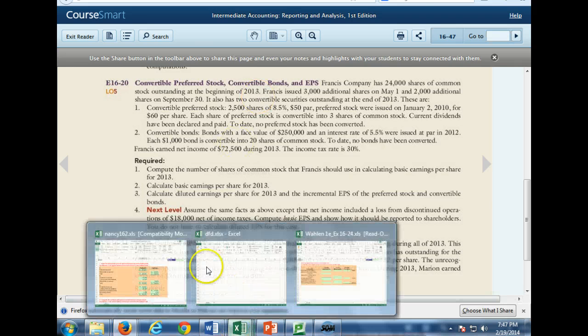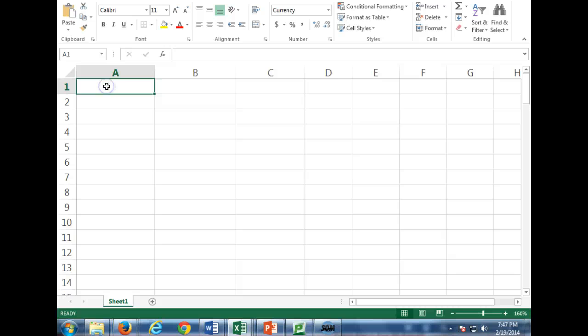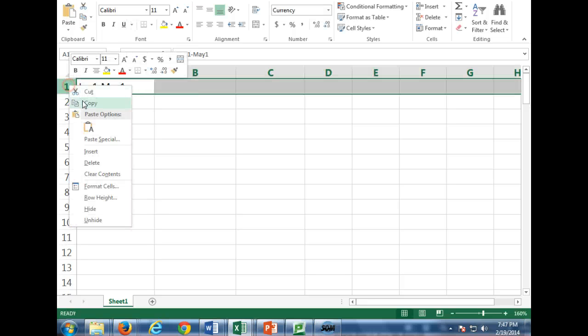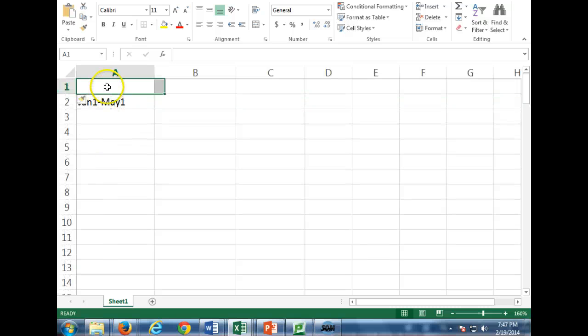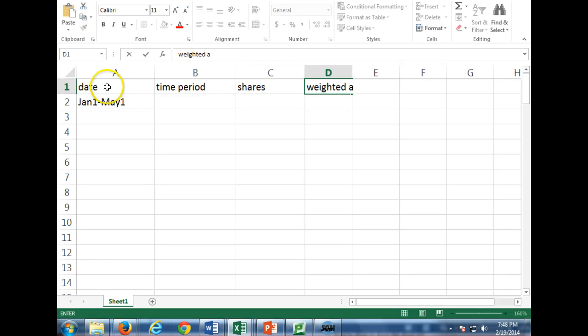So we're going to start with January 1st through May 1st. Let me insert a table. This will be the dates, time period, shares, weighted average.